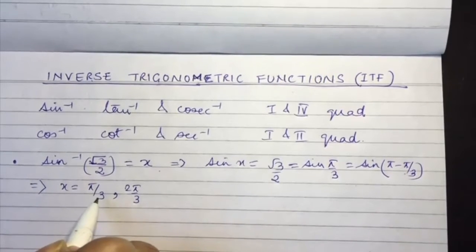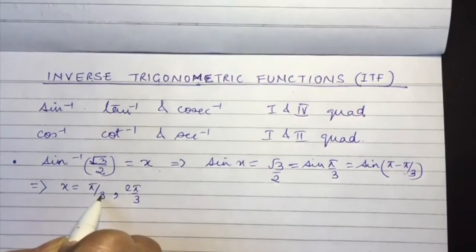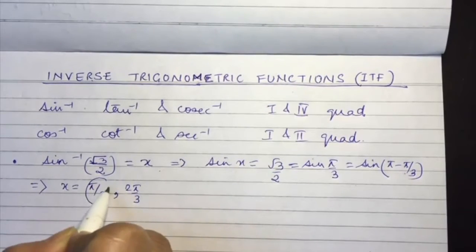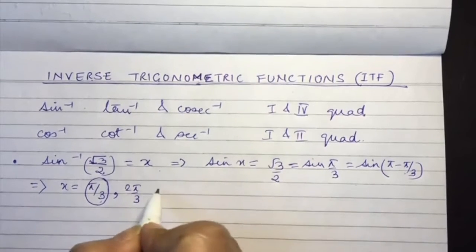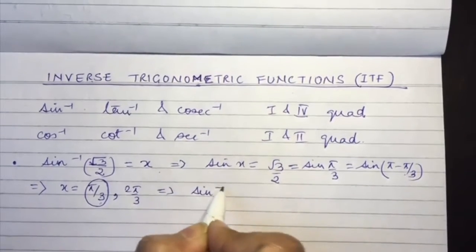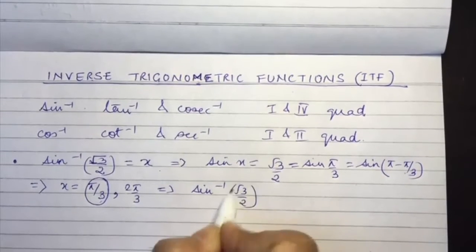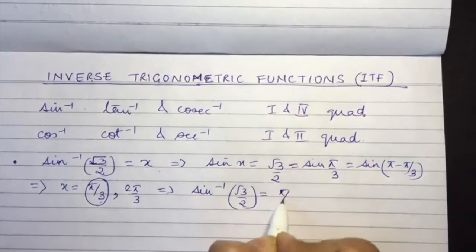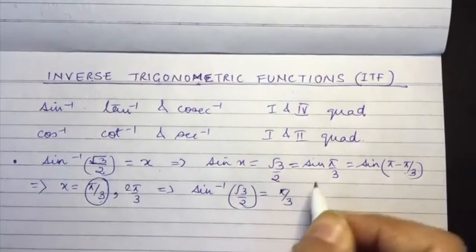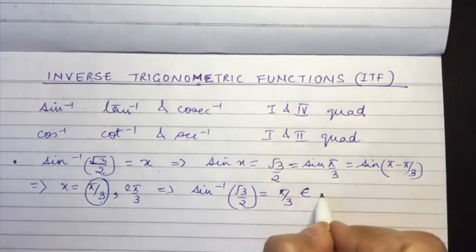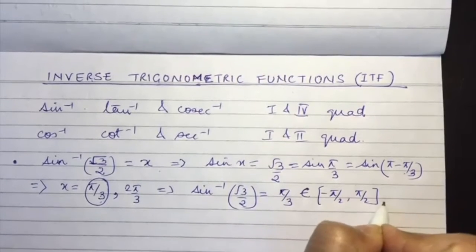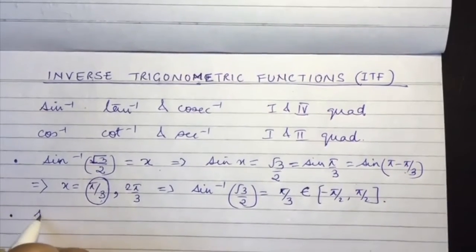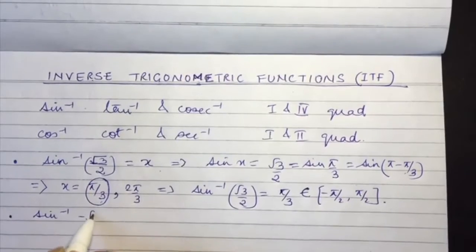Now we have to choose the value which falls in the principal range, and clearly pi by 3 is the value which belongs to the principal range, and so we write sine inverse root 3 by 2 is equal to pi by 3, and we also write that it belongs to minus pi by 2 to plus pi by 2.